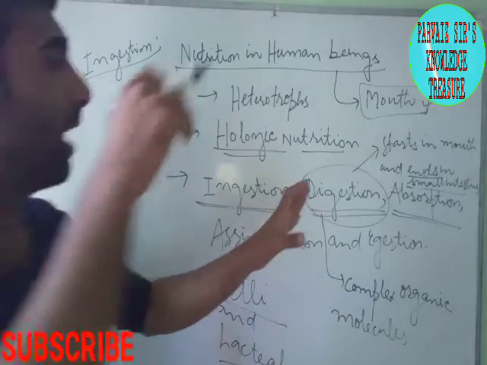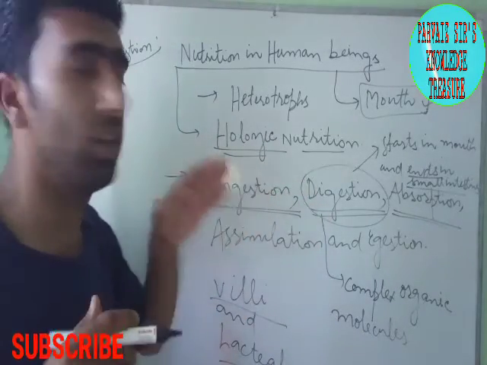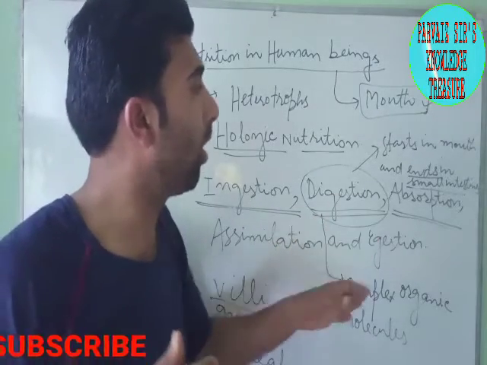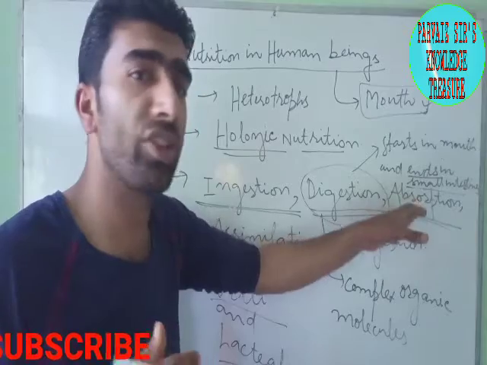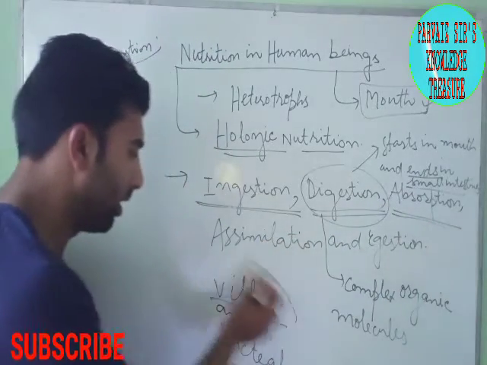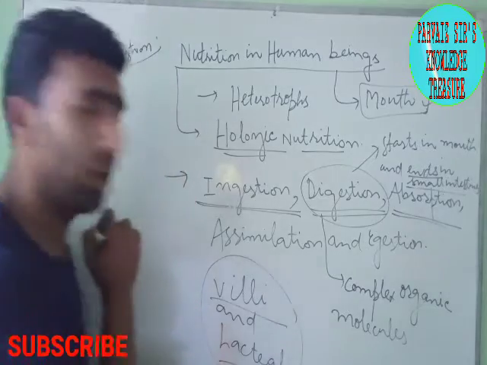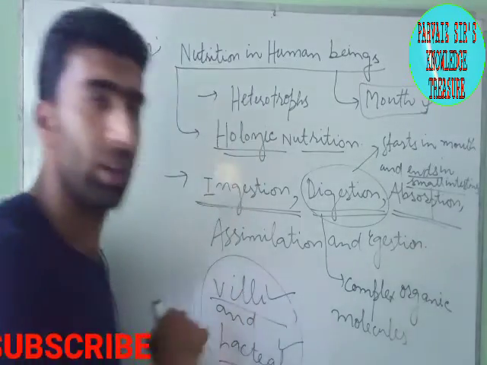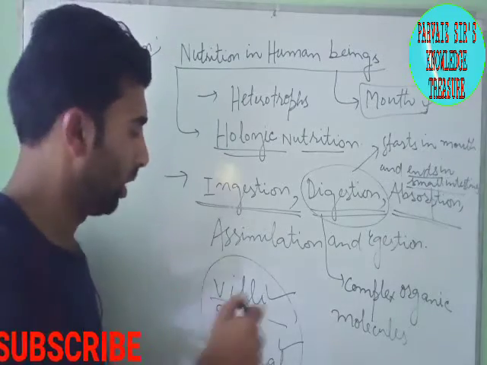So we can say absorption is the process in which the digested food moves from small intestines into the bloodstream. This happens in small intestines where villi and lacteals play a vital role.